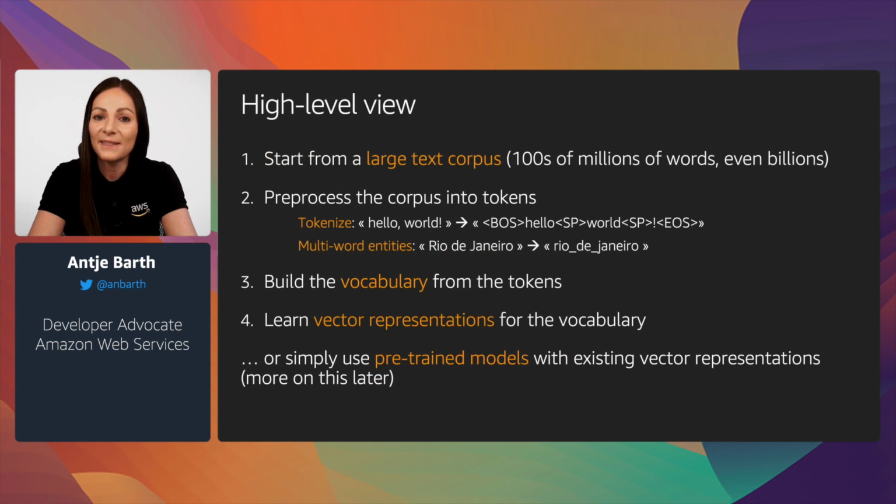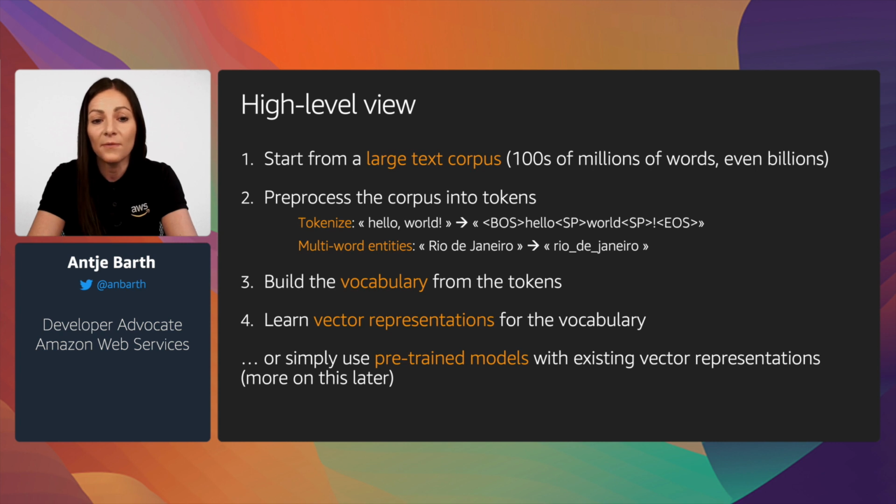So at a high level, what are the steps needed in NLP? We always start from a large text corpus. That could be hundreds of millions of words, billions. And the popular one is definitely Wikipedia or a collection of books, which you can use to train your model. We then need to pre-process the corpus into tokens. And tokens can be single words or multi-word entities.